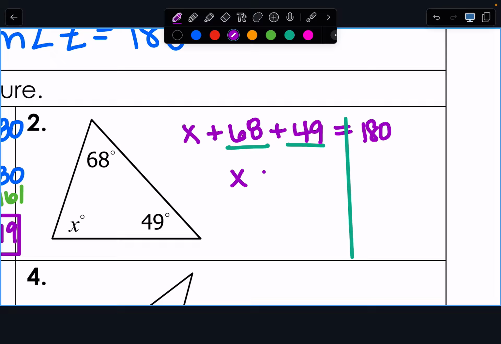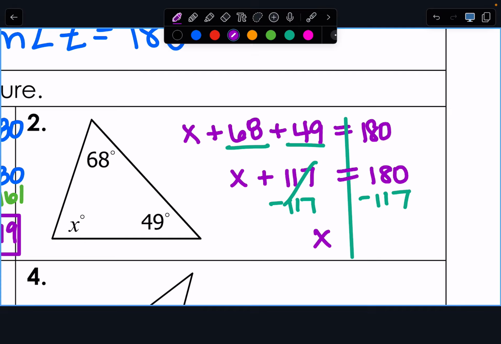We agree? Okay, so now since 117 is being added to x, we will undo it by subtracting it over. Colton, what do we get? 63. Anybody disagree with 63? Ooh, I rhymed.